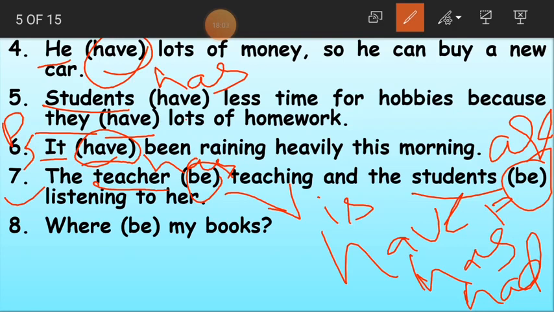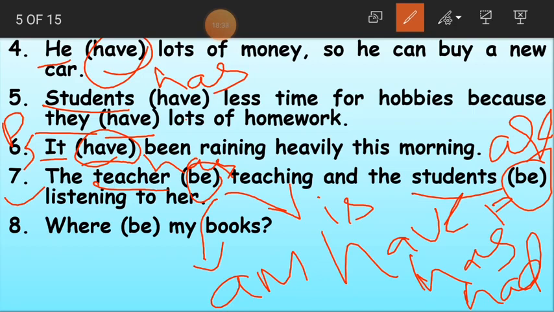Okay children, if I say, because I am teaching you, then this be what it has to become? Am. I am teaching and you are listening to me. Yes or no? You again comes under plural form I said. So, I am teaching and you are listening to me. Okay children? Okay. So, then what is the next sentence?